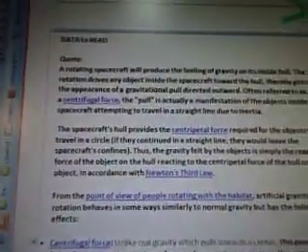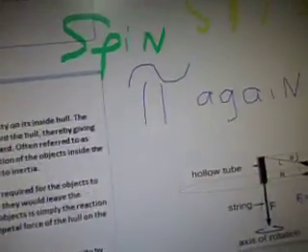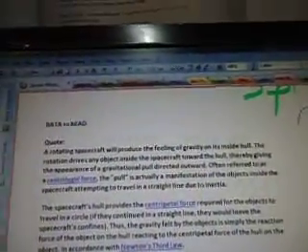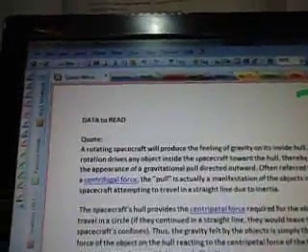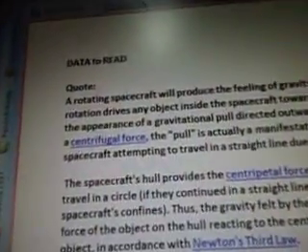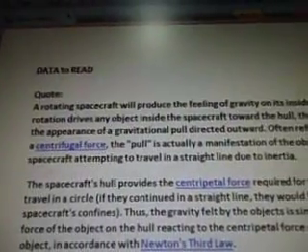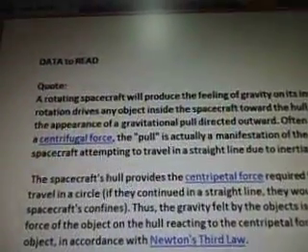Okay? So I'm going to read this data here. The symbol pi comes up again in this. What I'm going to do is read the data, and then over on the right I've got a diagram beside it to explain what it means. So, quote: a rotating spacecraft will produce the feeling of gravity on its inside hull.